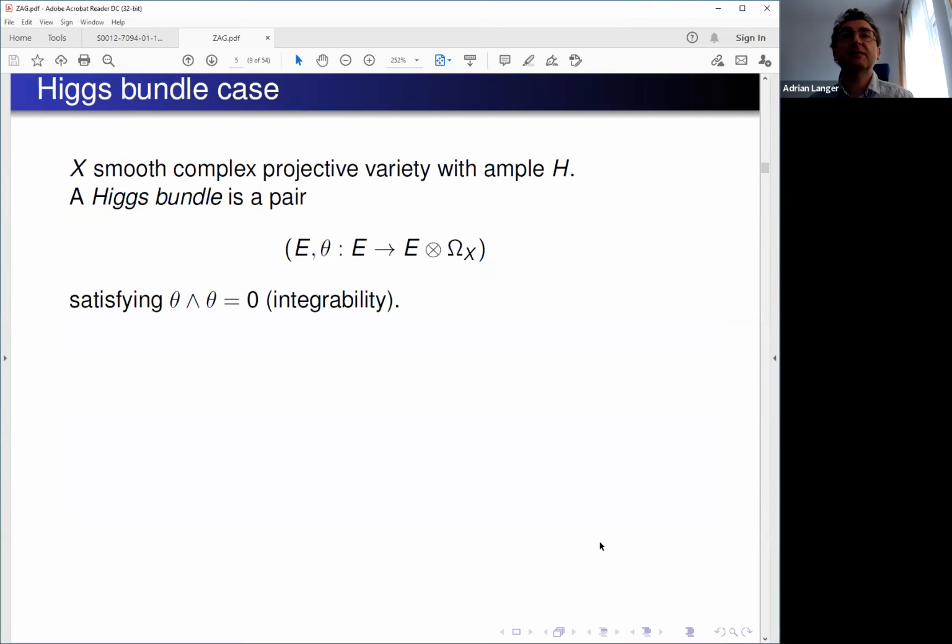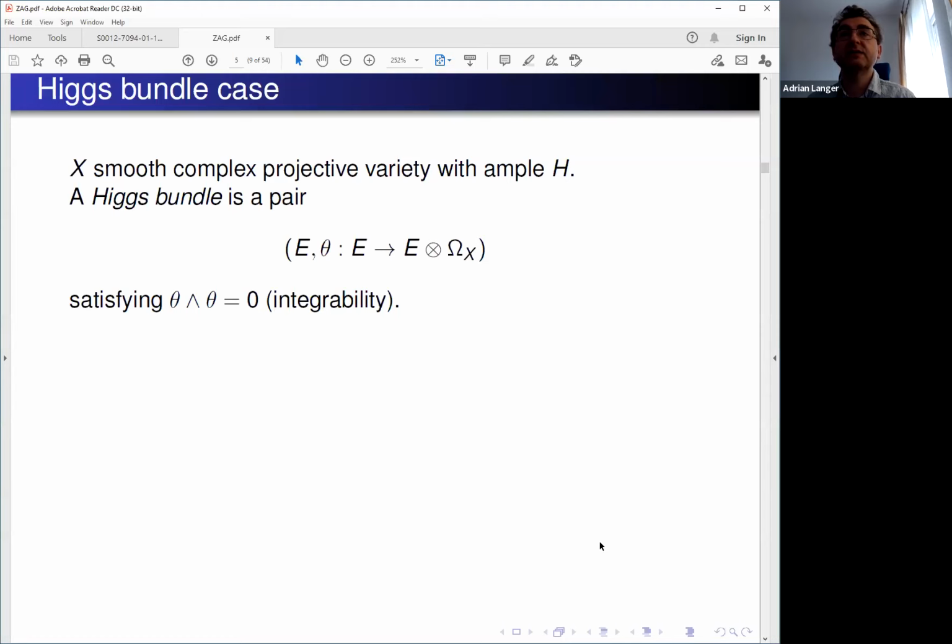So let me go to some generalizations of this result in case of complex projective varieties. If we have a smooth complex projective variety, then one can consider a Higgs bundle. This is just a pair consisting of, say, a vector bundle E together with an O_X-linear map from this E to the twist of E by the cotangent bundle.